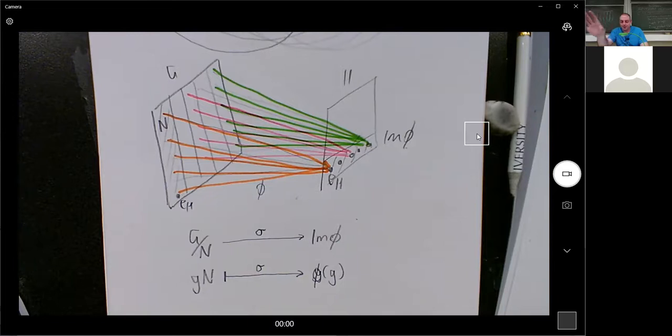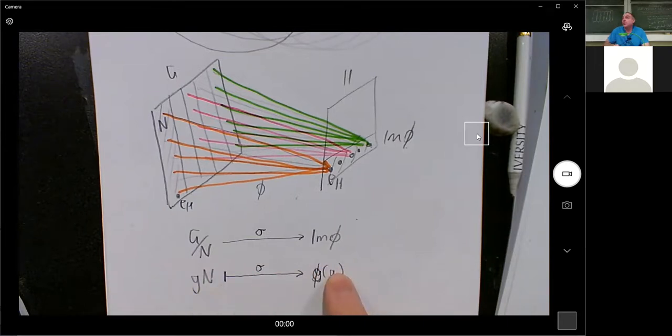Okay, so phi of g is fine because, you're right, you're saying that for this coset I could have chosen lots of different g's, right? So why is it okay for me to say the answer for this is phi of g? That's not well defined, because you're saying if I chose a different little g, wouldn't that give me a different answer here?